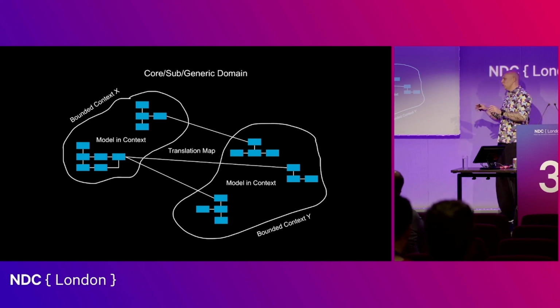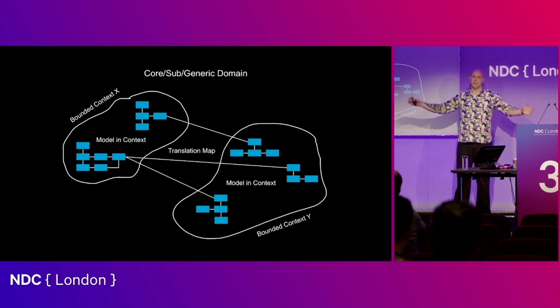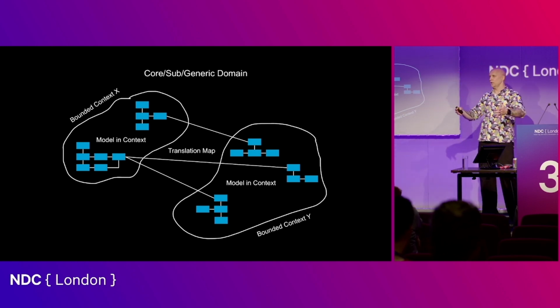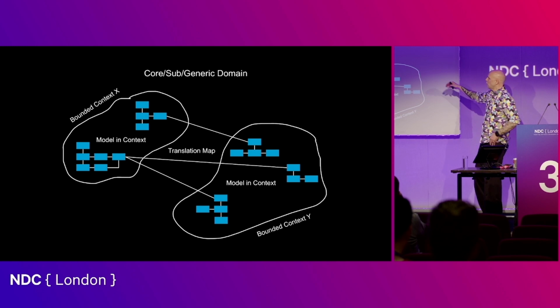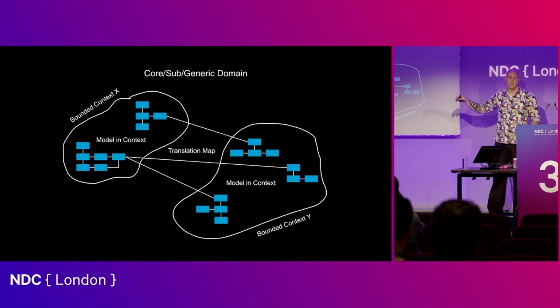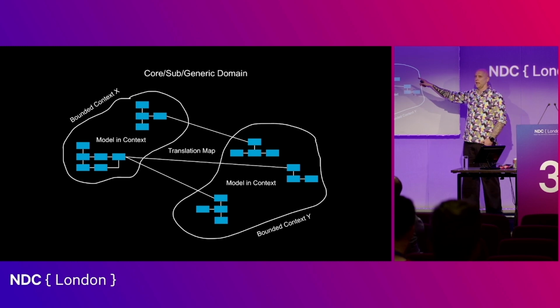This is a purely practical thing about the fact that you cannot have a team of 60 developers working on the same thing because they're going to cause problems. So you split it up into bounded contexts, and then you basically say, hey, we know how these are going to talk to each other. So bounded context X, so team X, is going to work on this part of the domain.